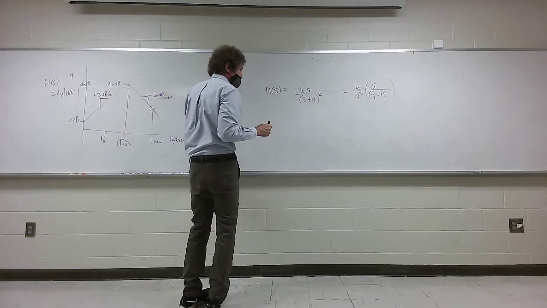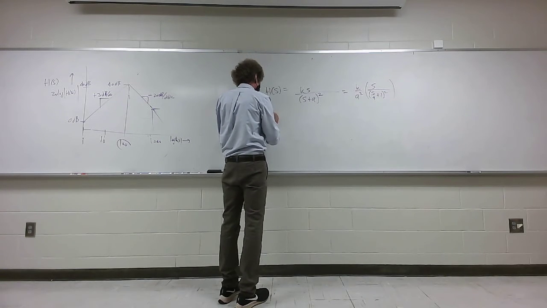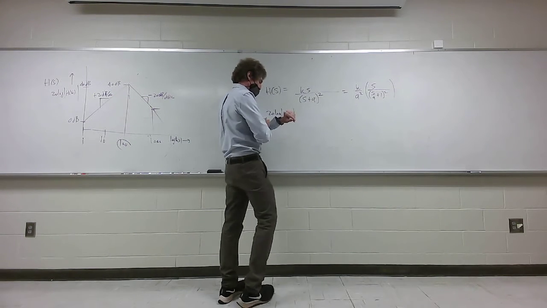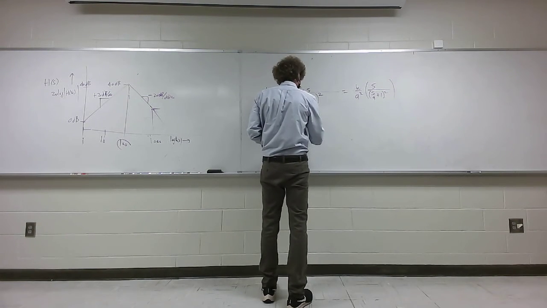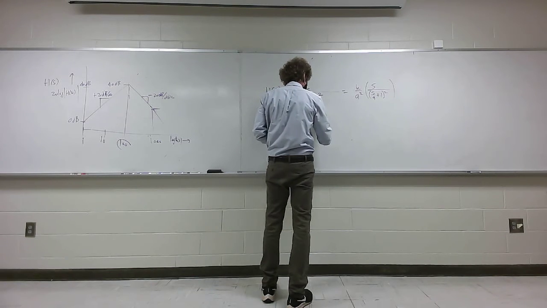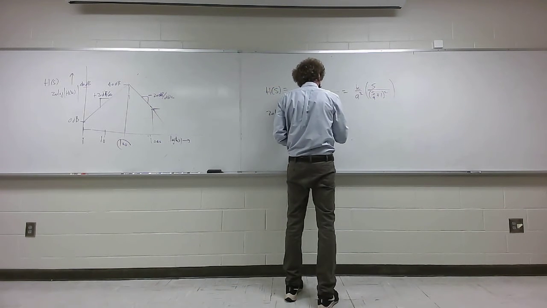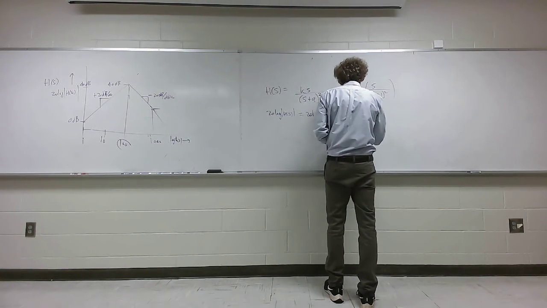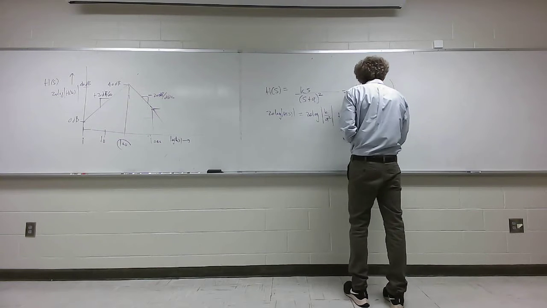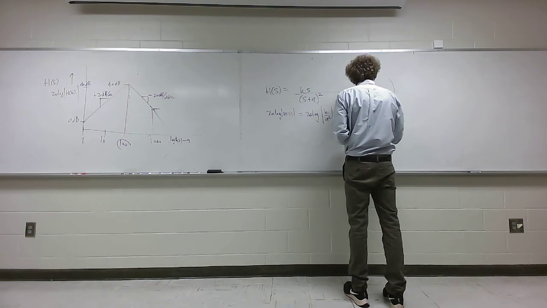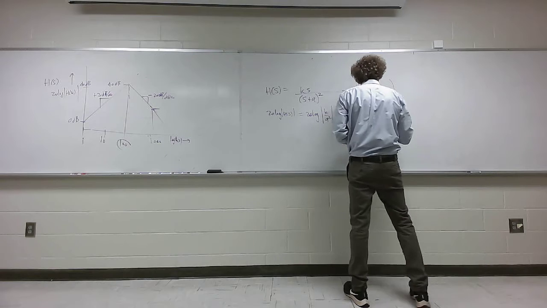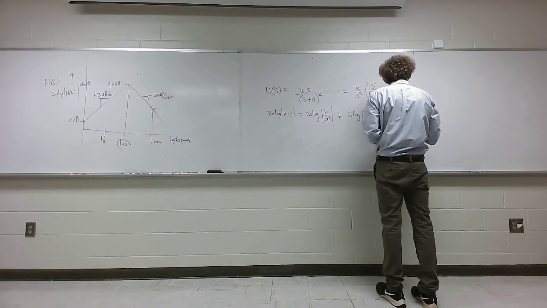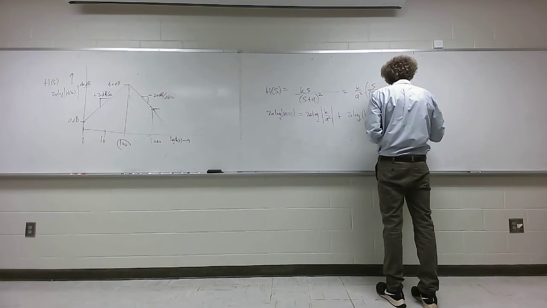And now when I do this, 20 times the log of magnitude of H of S would be equal to 20 times the log of K over A squared, plus 20 times the log of magnitude of S, minus 40 times the log of magnitude of S over A plus 1.